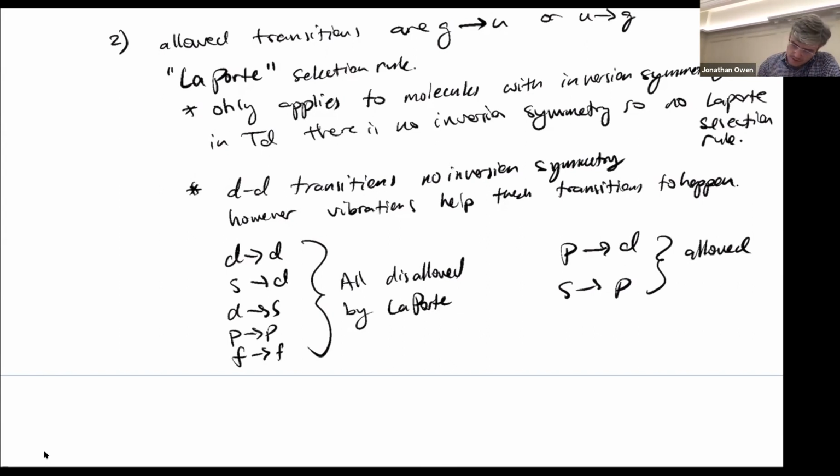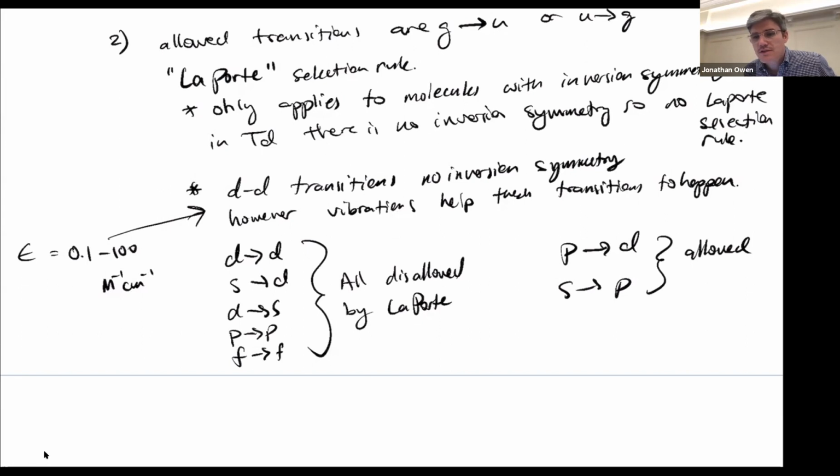Okay, so these D to D transitions have epsilons of 0.1 to 100 per molar per centimeter. Okay, an epsilon tells you about the strength of the absorption or the probability of the absorption. These are low numbers.